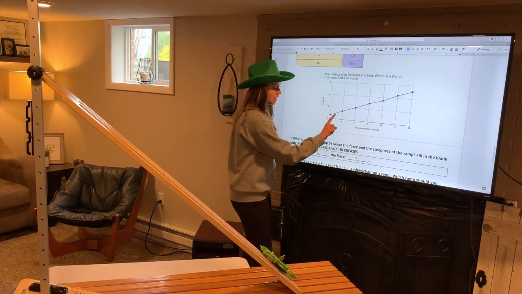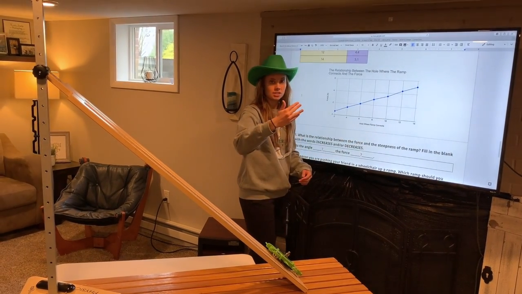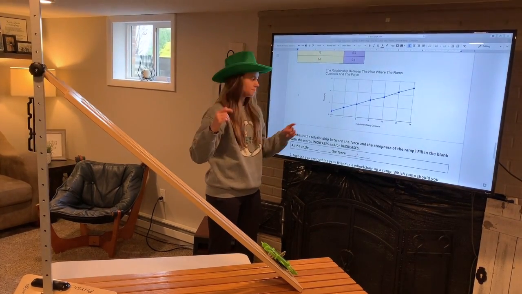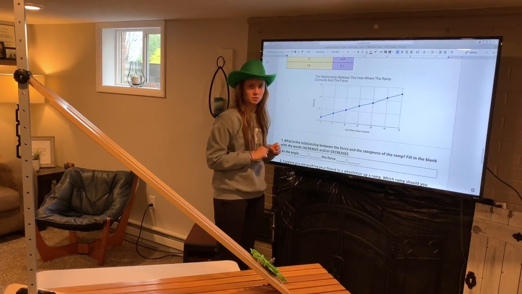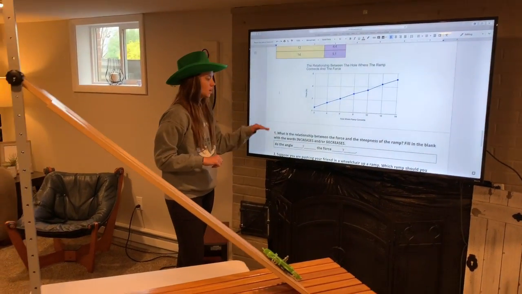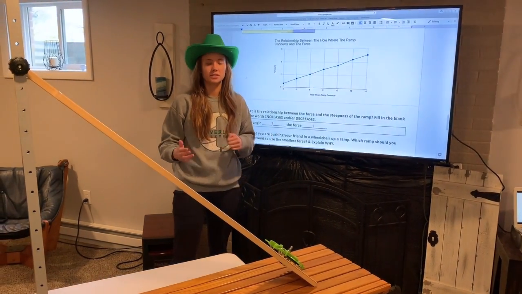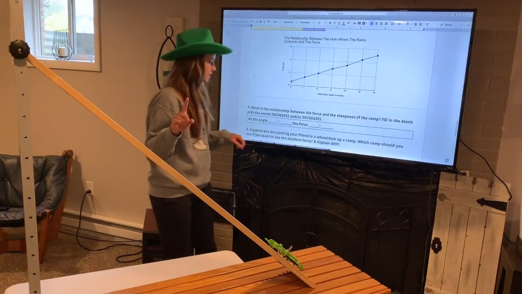Look here: the higher up the number is for the hole, the higher the incline is. Then look to see how that affects the force. That is the first question. This is going to lead into a discussion of inverse and direct relationships, but that is coming in the next lesson, so stay tuned for that one.